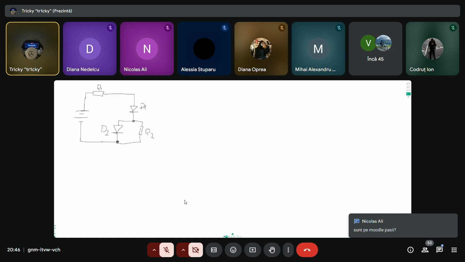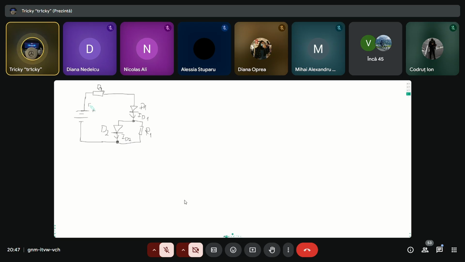Okay. Let's start off. Actually, this is R2 and this is R1. Okay, so this is ID1, the first diode, and this is ID2.